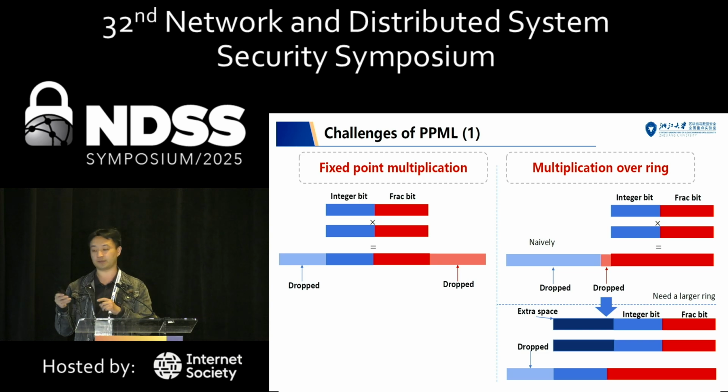wraparound can be free. So when we do the multiplication over a ring, we need to do some scaling. We scale it a bit bigger to tolerate the fractional part. And when we do multiplication, we truncate it back. For example, let's say we have 32 bits.